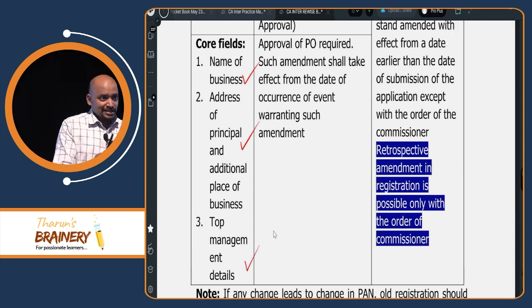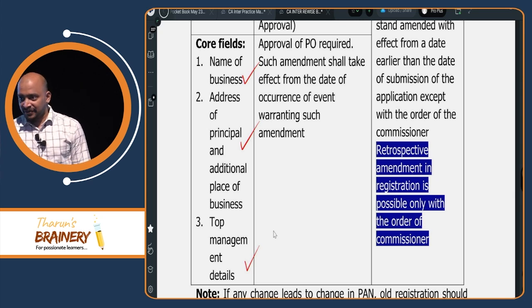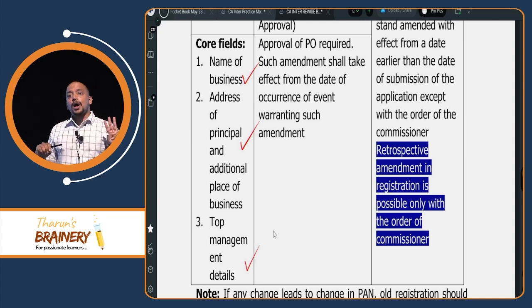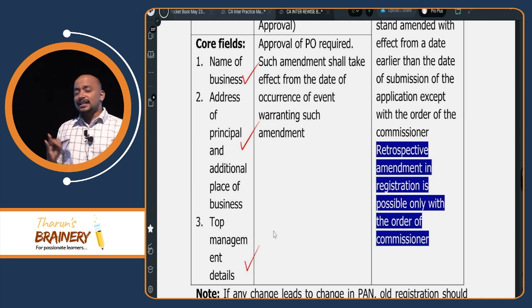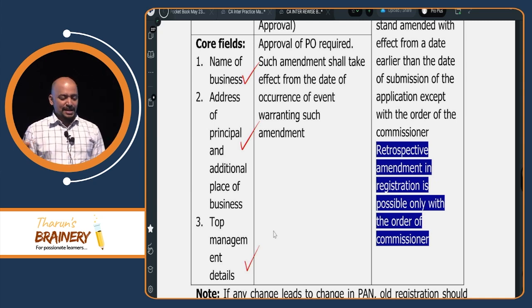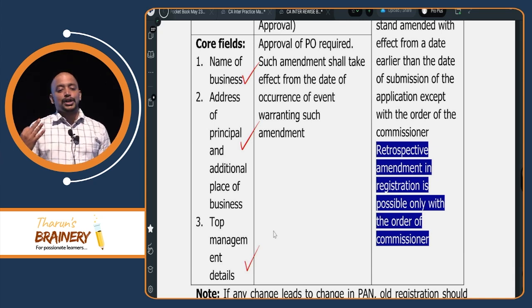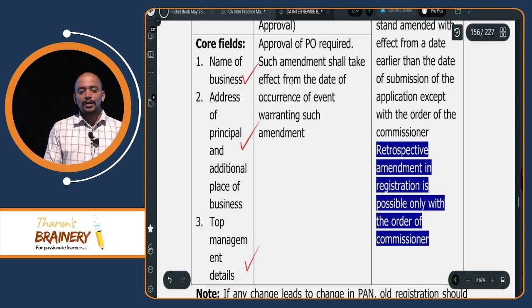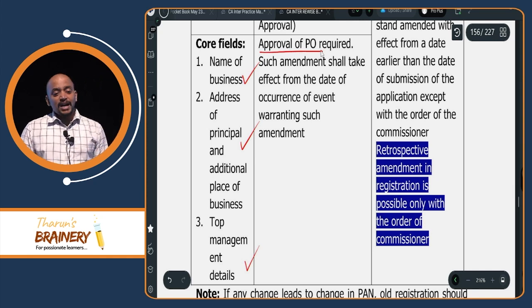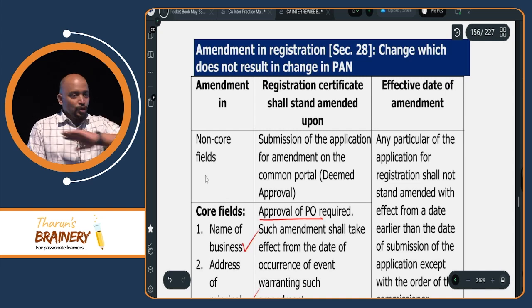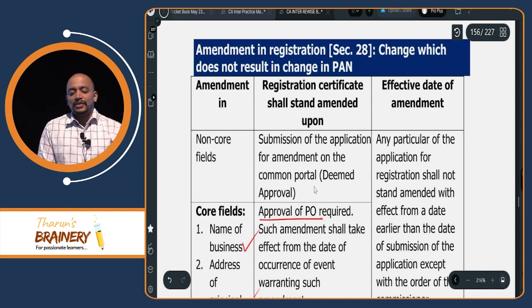These three changes will happen in our registration certificate subject to approval by the proper officer. Clear? What are the three changes the proper officer should approve? Change in name, change in address. Address can be principal place or additional place. Then change in top management. These three changes are subject to approval by the proper officer. Apart from this, for any other change, is any proper officer approval required? No. By default, it will be approved.